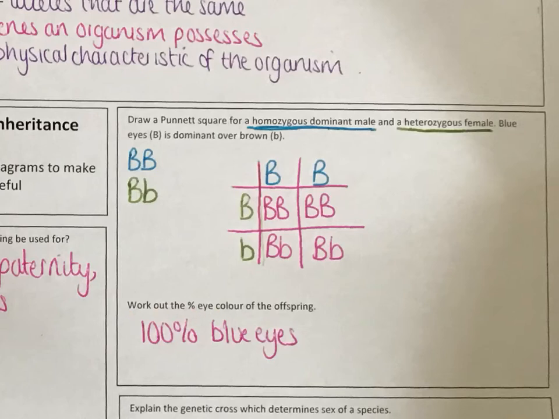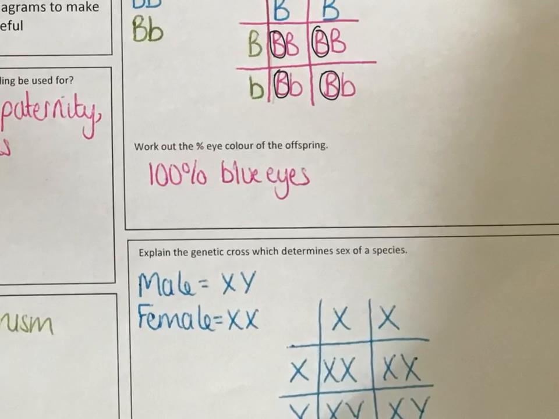Well, 100% would have blue eyes. And the reason is that every single offspring has a capital B, a dominant allele. And we know from the question that blue eyes is dominant over brown eyes. So all the offspring would have blue eyes.